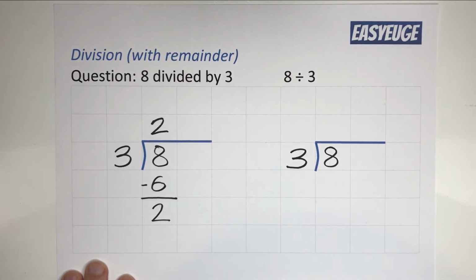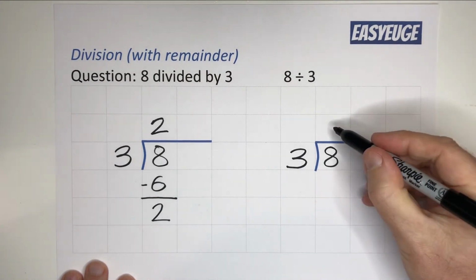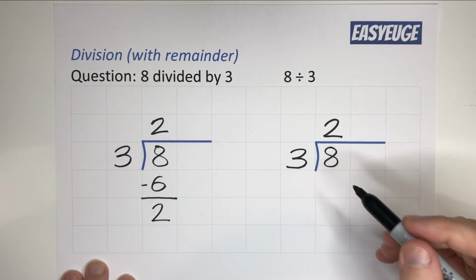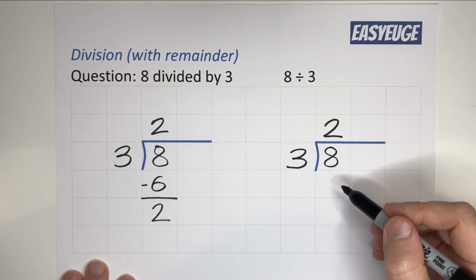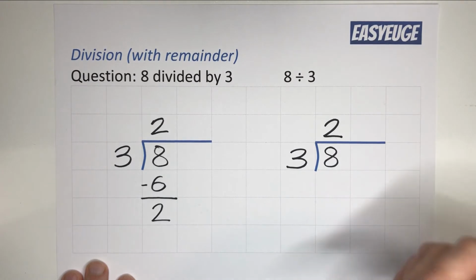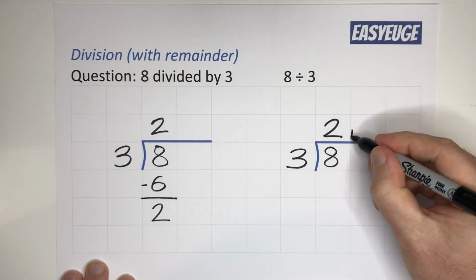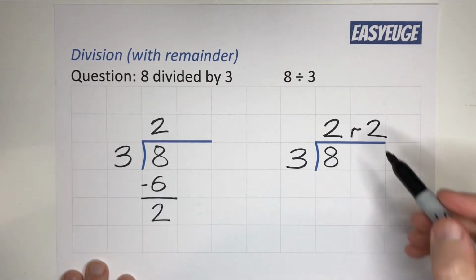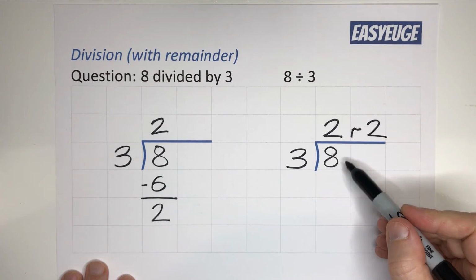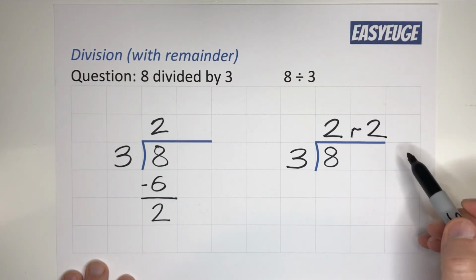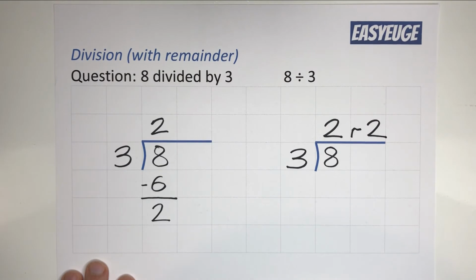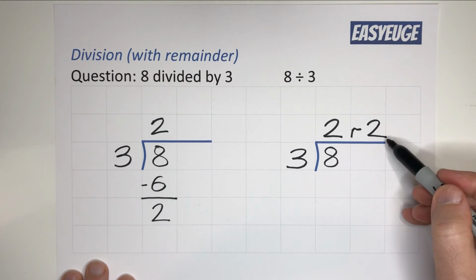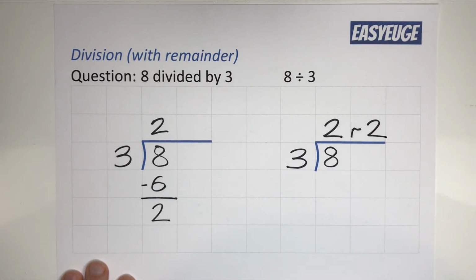You can put it in a full 2 times. 2 3s are 6, and there's 2 left over. There's a remainder of 2. So we write that as remainder R, 2. And all this means is the answer to this question, because the answer goes above the line: each person gets 2 and there is a remainder of 2 left, like we just saw with the Lego blocks.